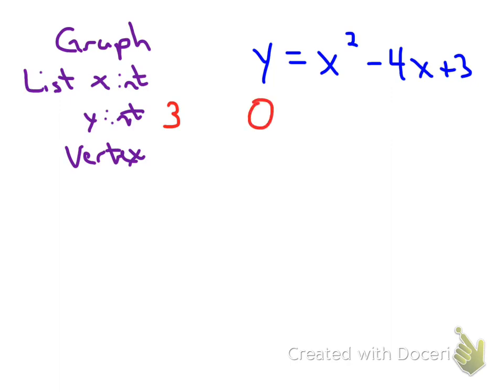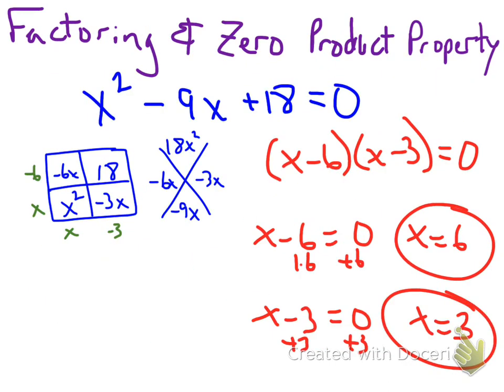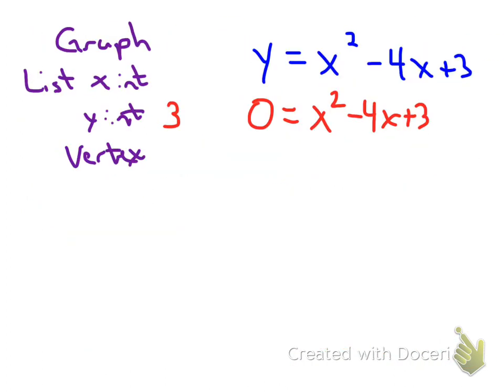I can just make y 0, x squared minus 4x plus 3, and I can factor that. So if you're not quite sure on factoring, make sure you're going back and looking at factoring on these problems here. This factors into x minus 3 times x minus 1.